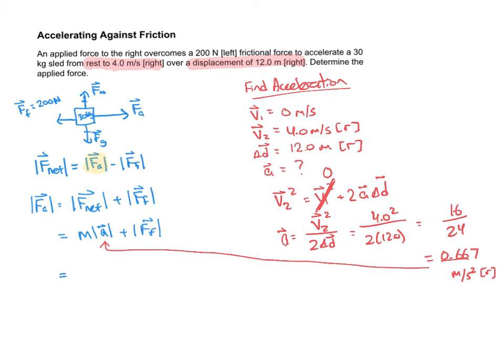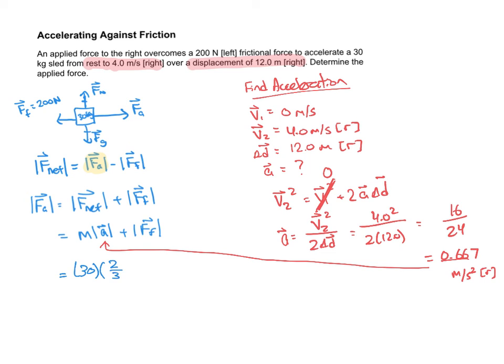So we call this working memory, like there's 2 separate parts here, and just to be able to keep both parts in your mind, thinking about them at the same time, without losing sight of the big picture. That's a working memory thing. All right, so the mass is 30. Acceleration I just got is, well, it's actually 2/3.